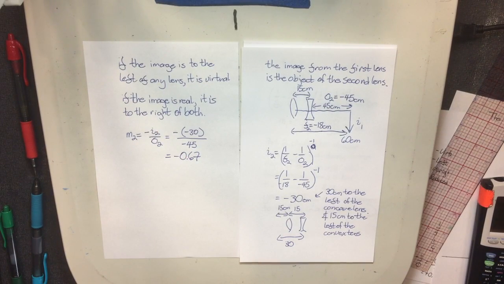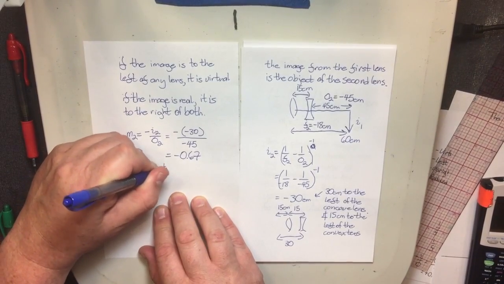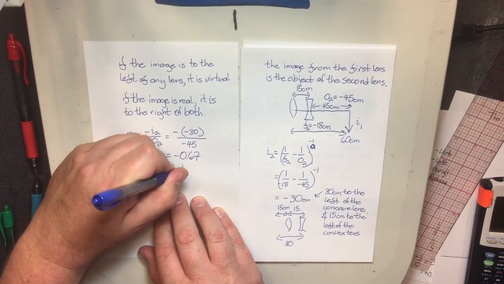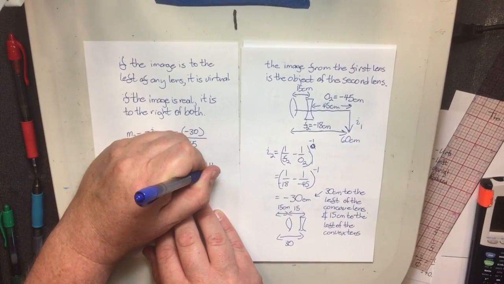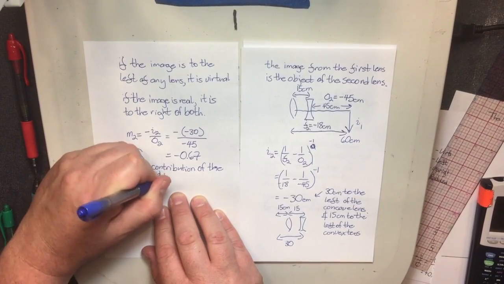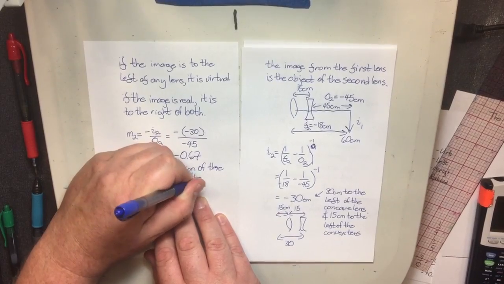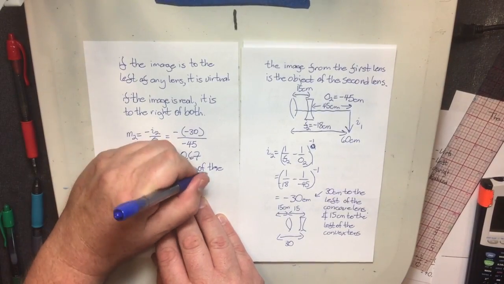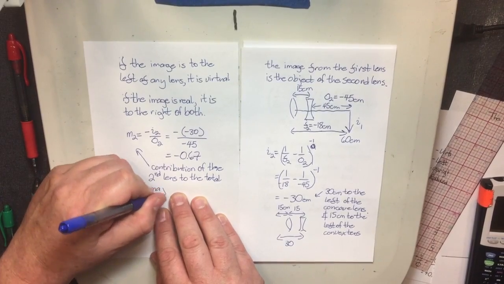That's the magnification contribution of the second lens to the total magnification.